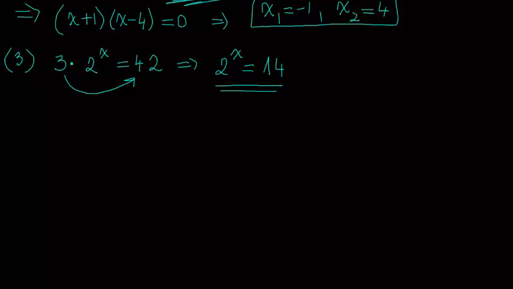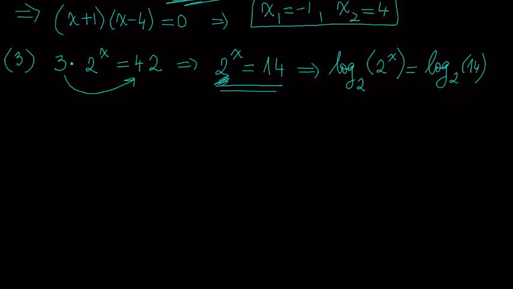Well, what we need to do is to free up that x, so we're going to apply log to both sides. So I'm going to apply log base, well this is base 2, so log base 2 of 2 to the x equals log base 2 of 14. Now the reason I applied the log was so that I could free that x up, so I can bring it in front of the log using the property of the log.